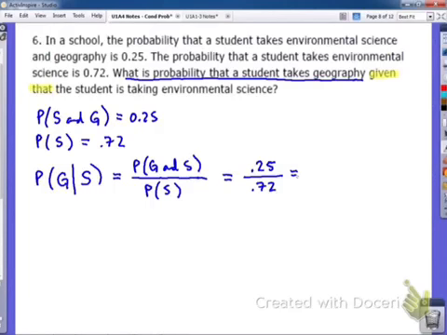Let's try Minnie. 0.347. So that would round to 0.35. That's correct.